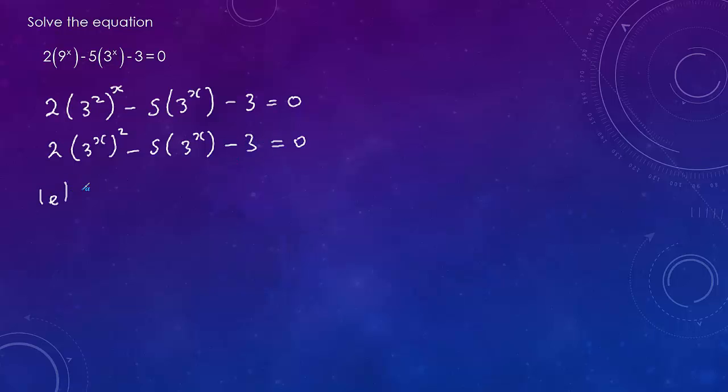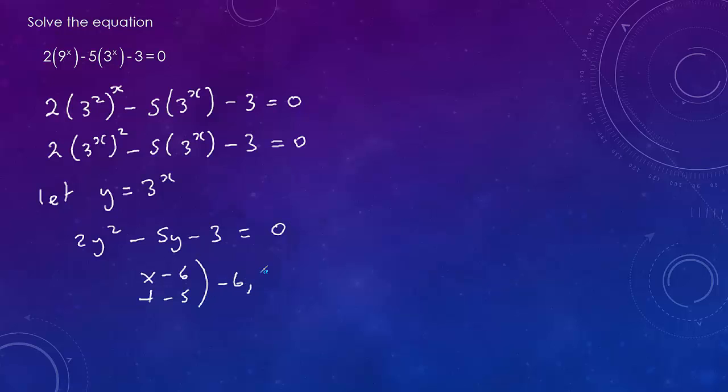And then if we let y be equal to 3 to the x, we have 2y squared minus 5y minus 3 is equal to 0. And we need to factorize that. So we're looking for numbers that multiply to -6, add to give -5, and -6 and 1 will do that.